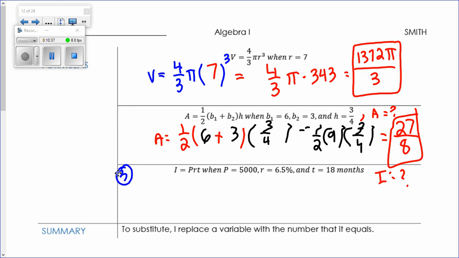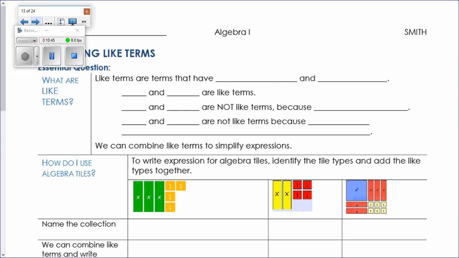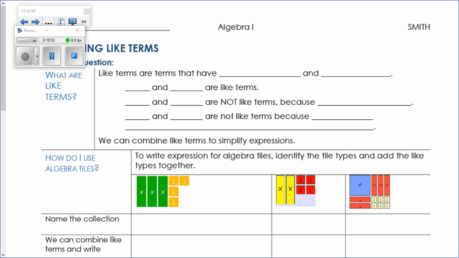The next part of this is combining like terms. We're going to combine like terms. So like terms are terms that have the same variable and the same power.